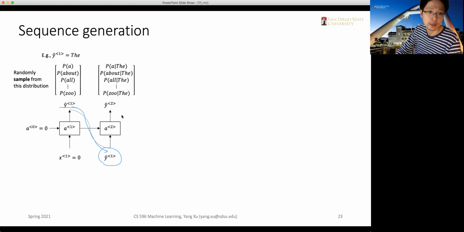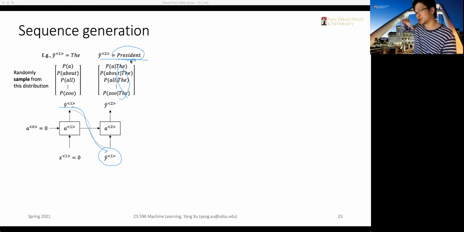So the context is always important in a language modeling task, right? For the second time step, we usually pick the most likely word. Or we can set a threshold to choose a bunch of candidates for this time step, and then randomly sample among those most likely candidates.